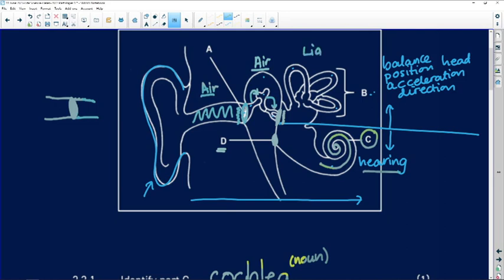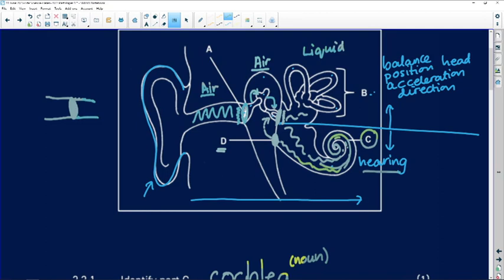And so it's in the liquid now that these waves are going to continue. But we're going to have sound waves going into the ear, into the cochlea and coming out. And the round window helps to reabsorb those sound waves so that we don't hear them again.